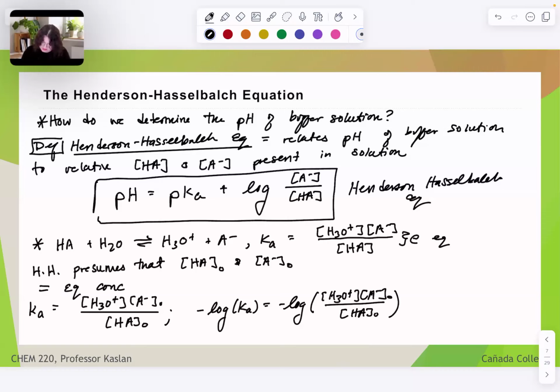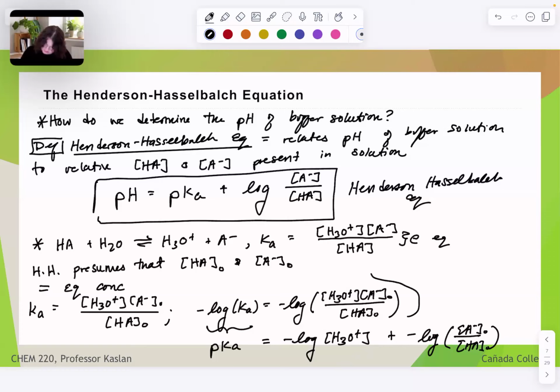Okay, we just found for ourselves that the definition of pKa is the negative log of Ka. So this is the pKa. I can now apply some log rules. This becomes the negative log concentration H3O plus plus the negative log of A minus over HA.